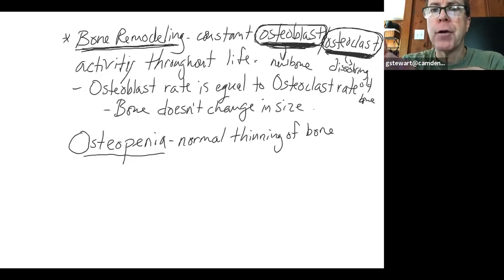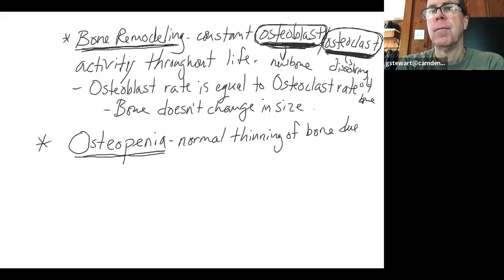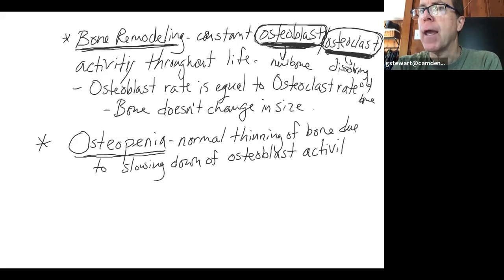When we get older, that's what this topic refers to. And this osteopenia term refers to the normal thinning of bone due to the slowing down of osteoblast activity. As we age, and this is hormonally regulated, when we get to midlife or past midlife, say in our 50s, osteoblast activity slows down.